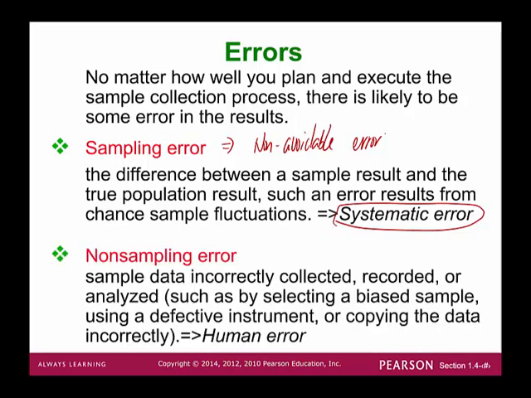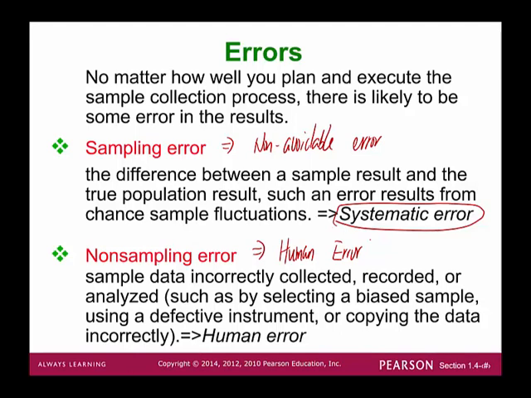And also we have non-sampling error, and this is avoidable. You can avoid the non-sampling error. It's also called human error. That's why you can avoid it, just by being more careful, following the procedure more carefully, and recording the data properly. Non-sampling error occurs when the sample data is incorrectly collected, recorded, or analyzed.